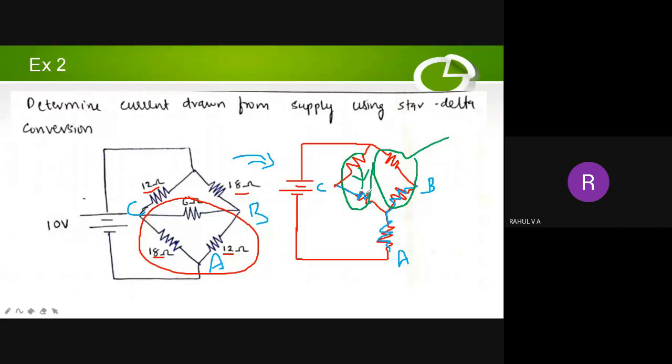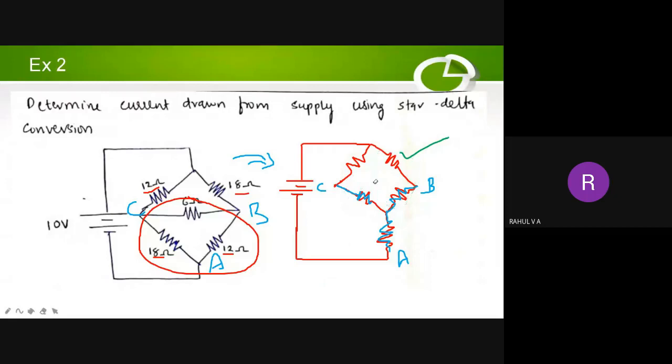Then you can solve using the equation of parallel. Then the resultant again is in series with the other resistor. Once again I explain to you that immediately after converting delta to star, I will get a diagram like this.